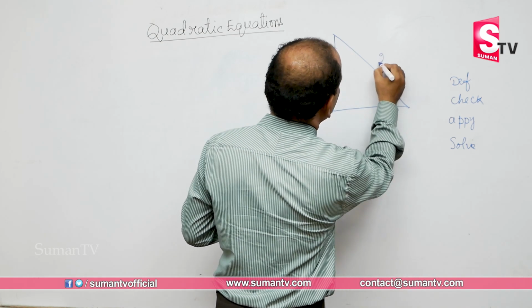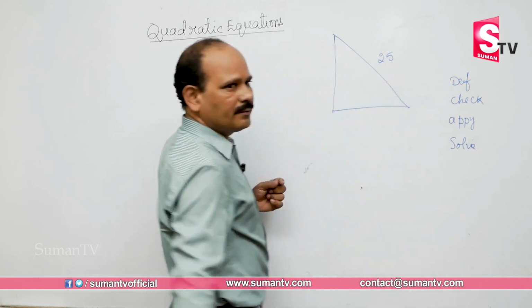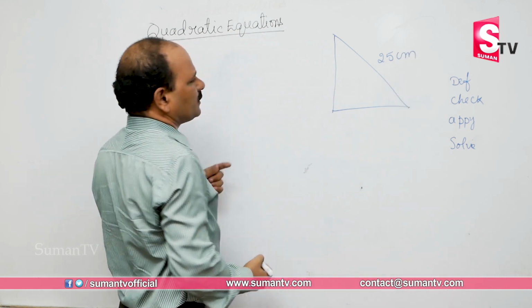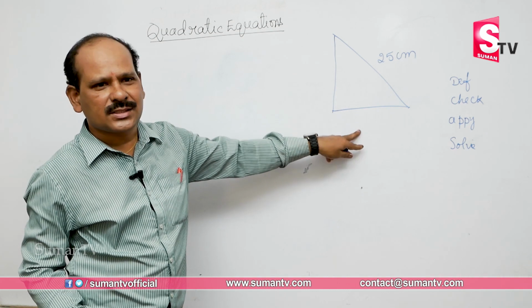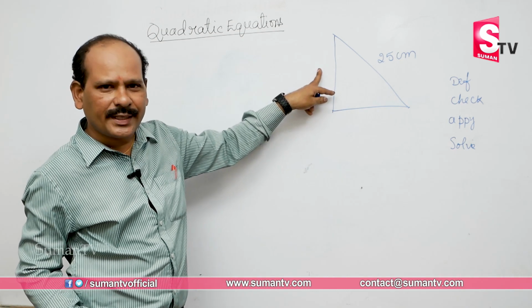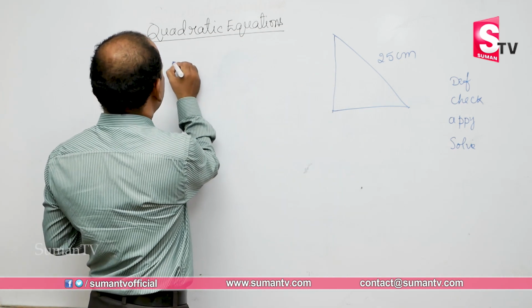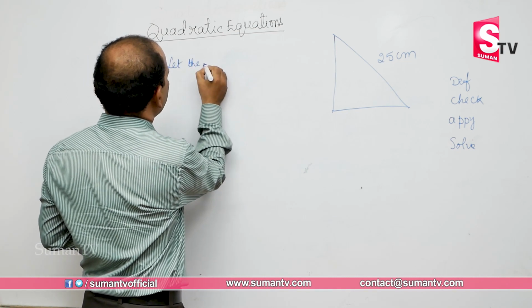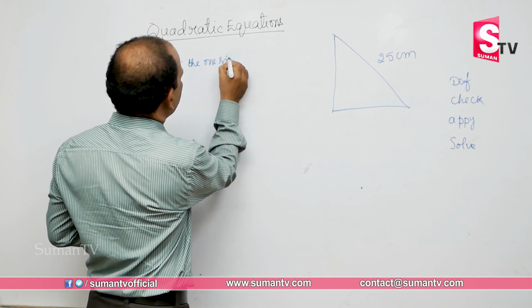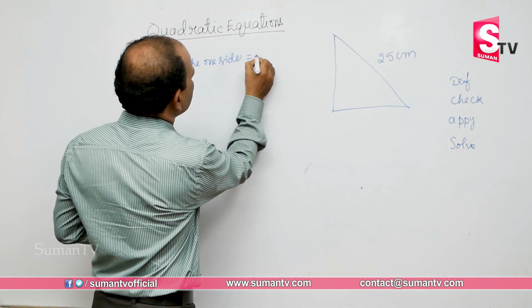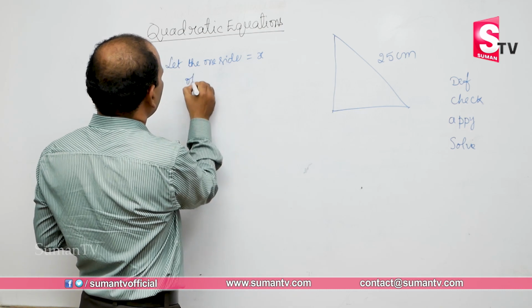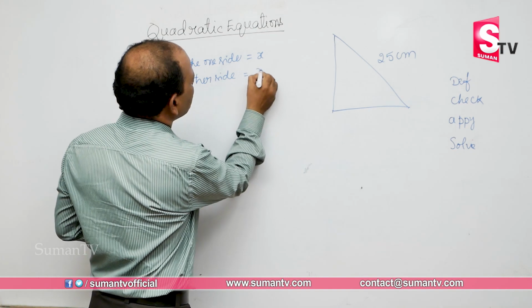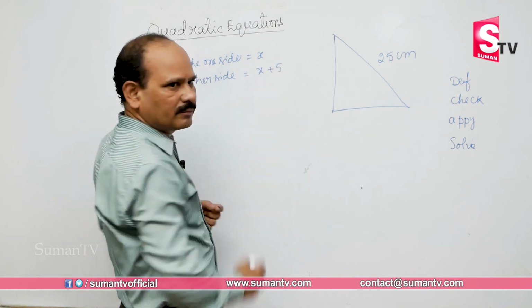The length of the hypotenuse is given as 25 centimeters. Let us assume one side is equal to x, then the other side is equal to x plus 5.